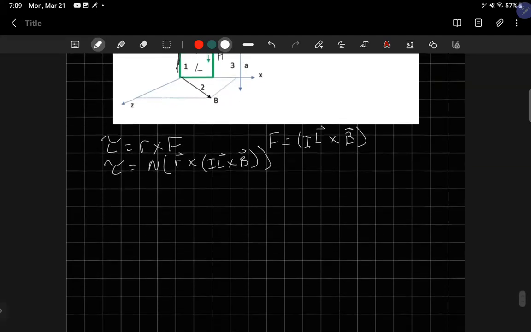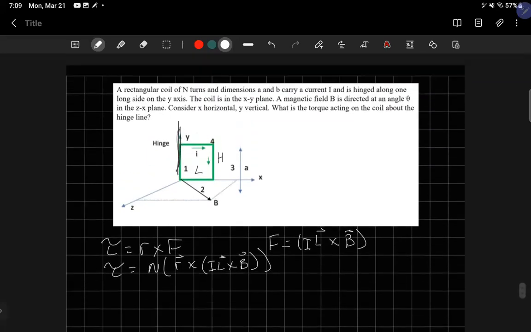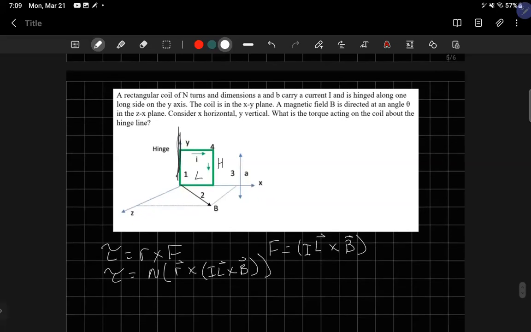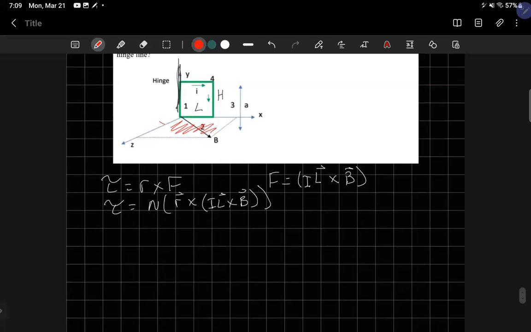Now from here, it says B is at theta in the ZX plane. So that's down here. So my B exists down there.